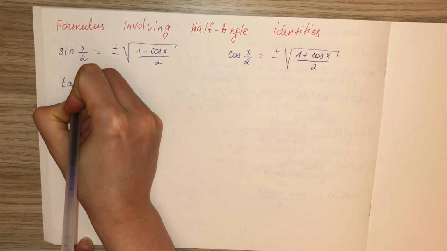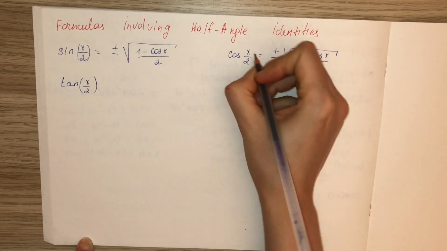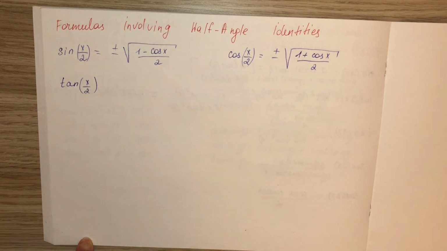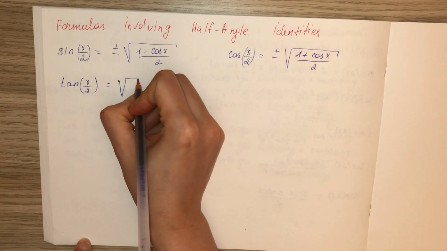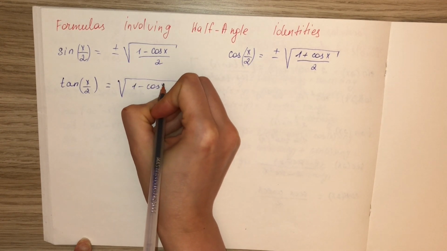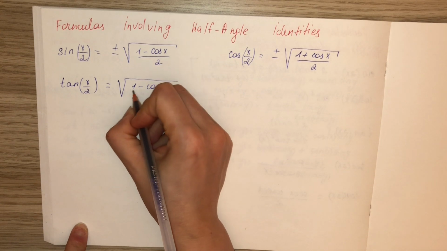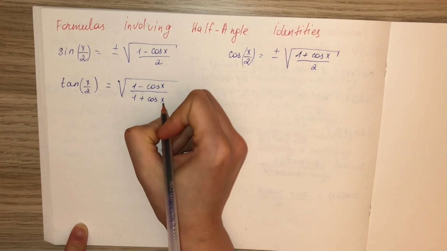Tangent x over 2 is equal to the square root of 1 minus cosine x over 1 plus cosine x.